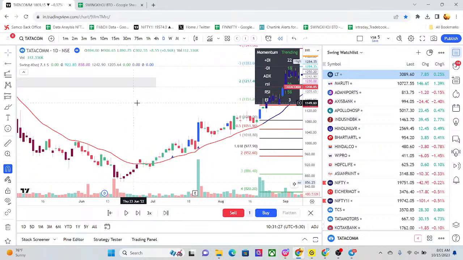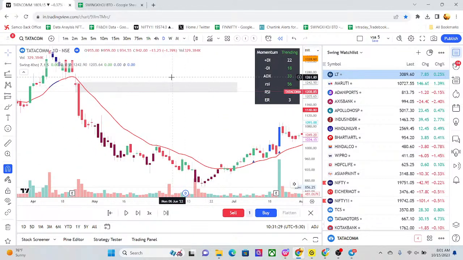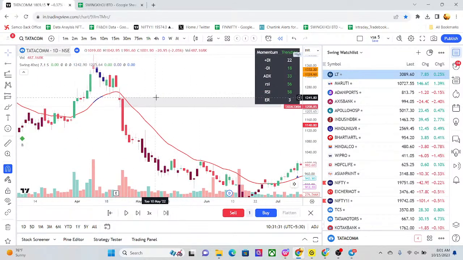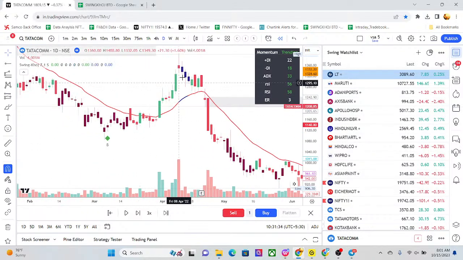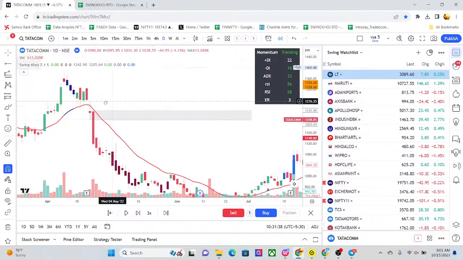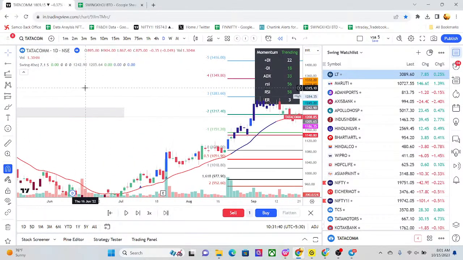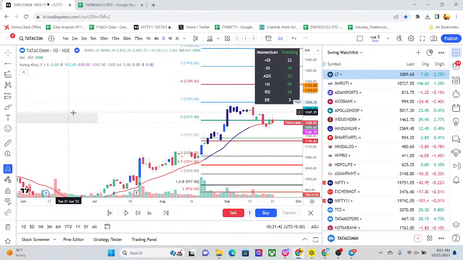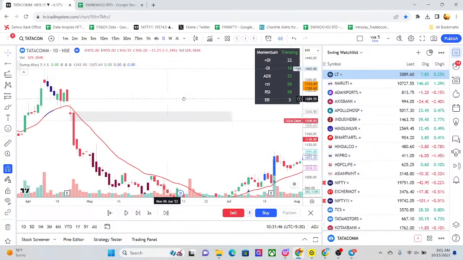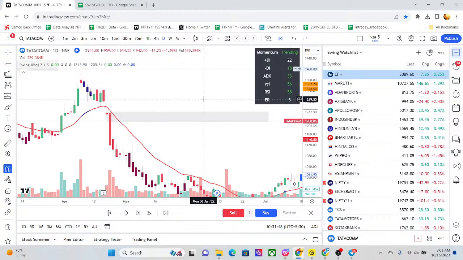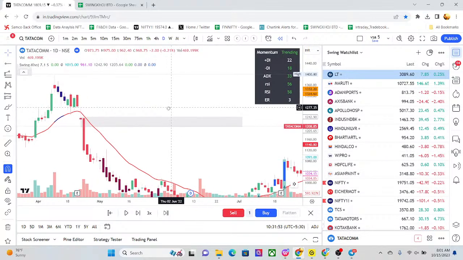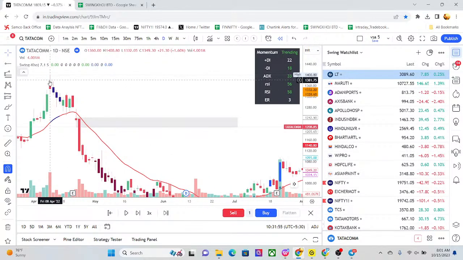Actually, this is not resistance. This is support. This is a Fibonacci support. It's not resistance. It will be formed while it is coming here. It will be the support. It's not a resistance. Okay. We have only made this indicator for buying, not for selling. So there will be no resistance showing here. We only have to take into consideration the swing high.